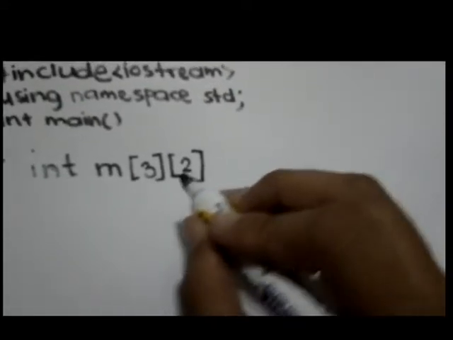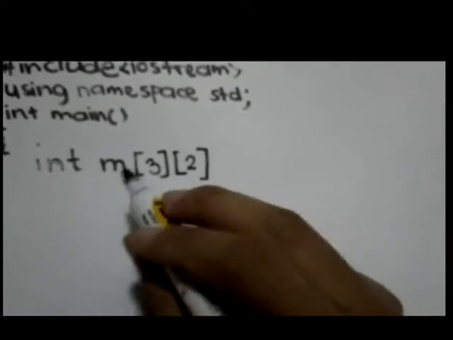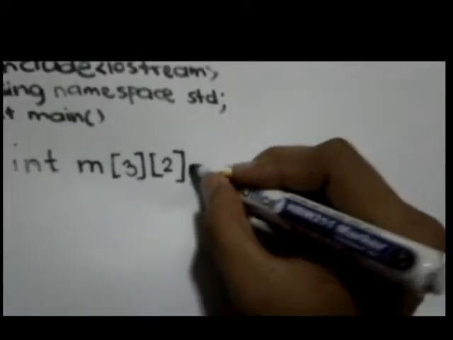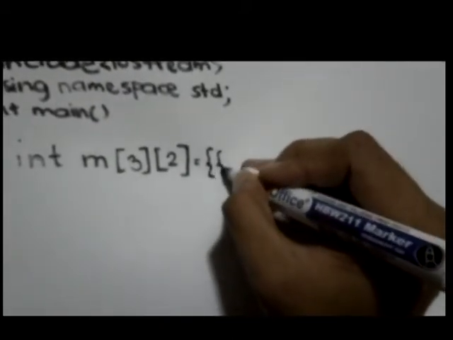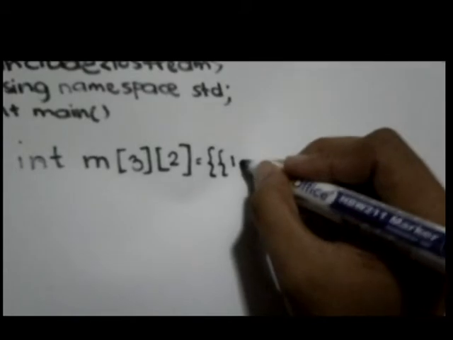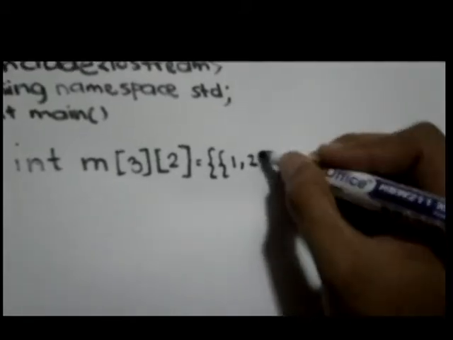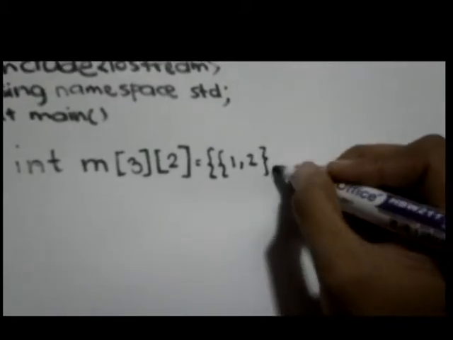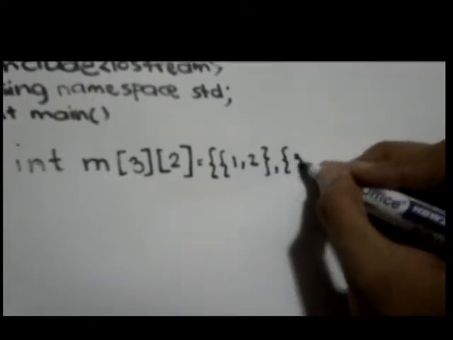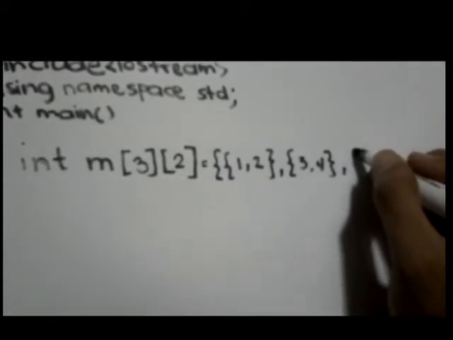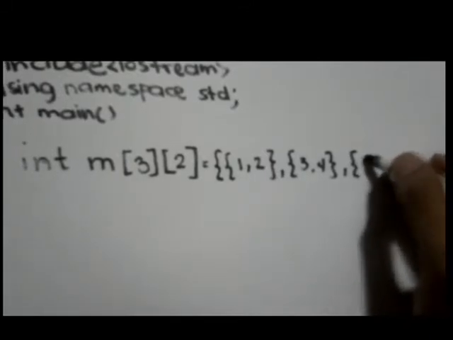So let's allocate values for the array. 1, 2. 3, 4. 5 and 6.